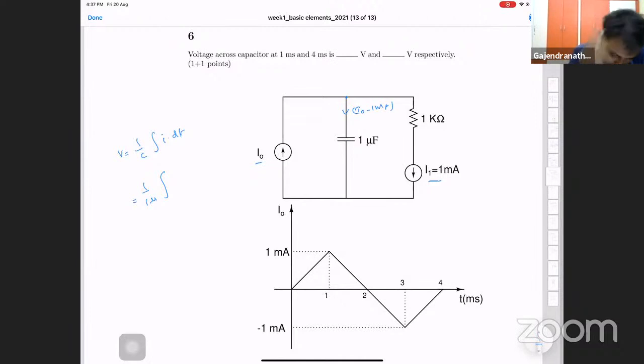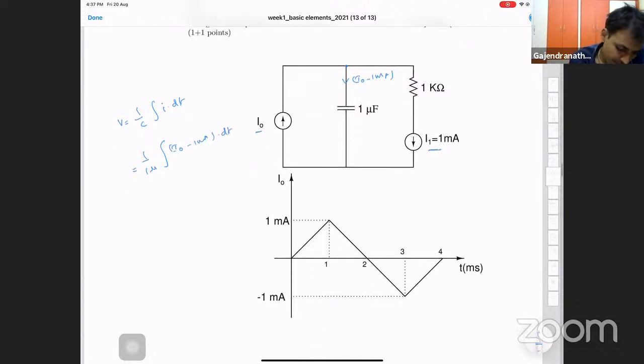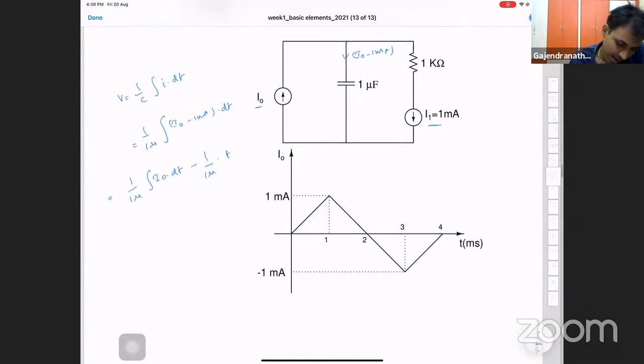Both are the same. So basically i is equal to I0 minus 1 milliamp, dt. So I can write it as 1 by 1 microfarad integral of I0 dt minus 1 by 1 microfarad times 1 milli dt. It means simply t. Okay.